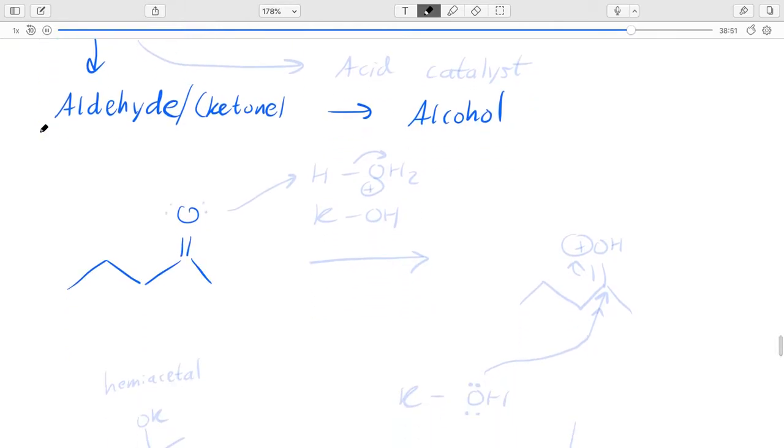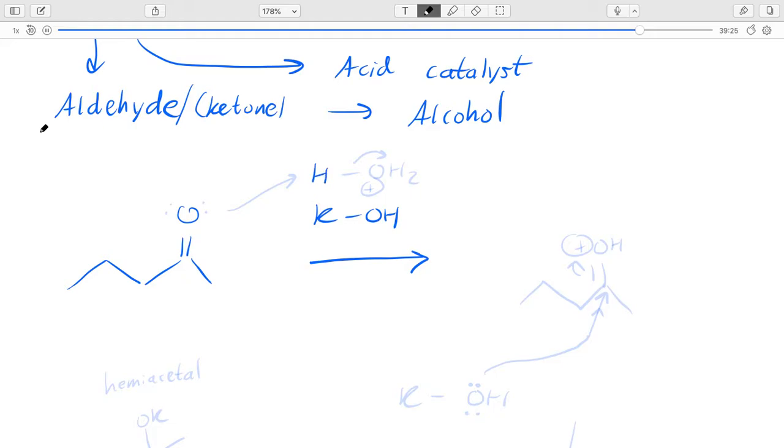Say we have a ketone and we want to add an ROH group onto it. These reactions will require an acid catalyst because when we form the tetrahedral shape of the carbonyl carbon, we've got to have a good leaving group so we can reform the carbonyl and keep going forward.